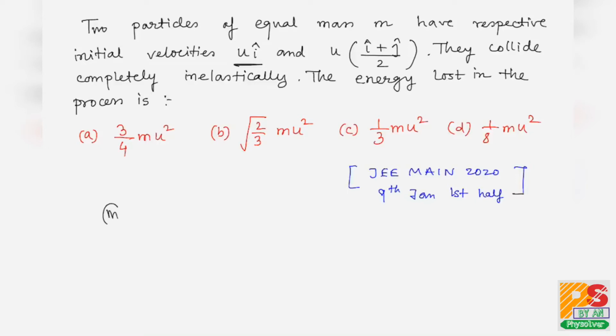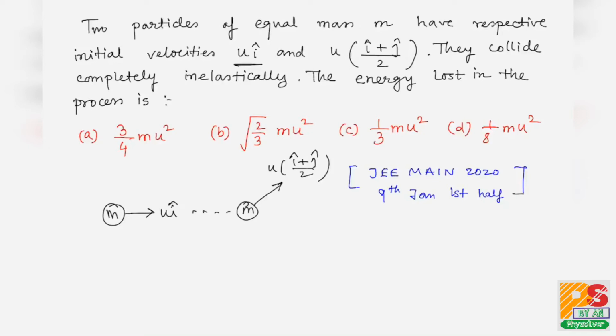So m is moving with velocity u i cap along the x-axis, and the velocity of the second mass is not along the x-axis, not along the y-axis, but like this. It is u (i cap plus j cap) divided by 2. So this is not a 1D collision, right? Therefore we have to actually calculate the final velocities of each mass. I hope you understand.